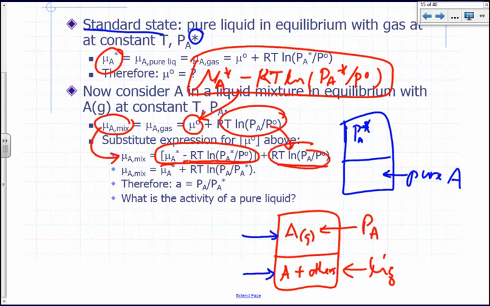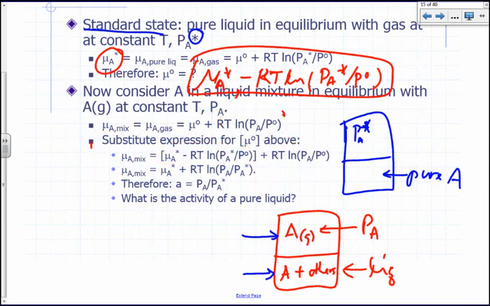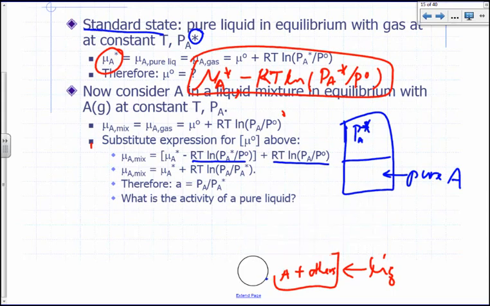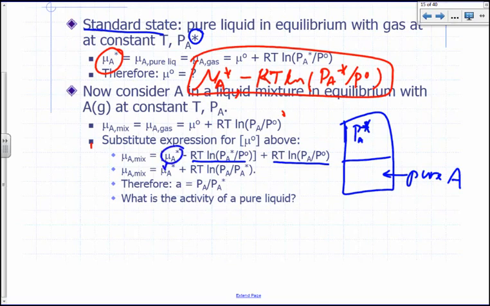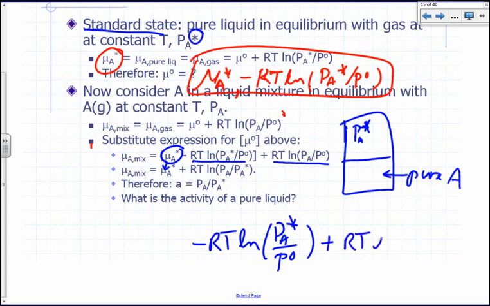Let's simplify this expression now. You can combine these two terms right here. What we have now is mu A star, and then negative RT ln PA star over P naught plus RT ln PA over P naught.